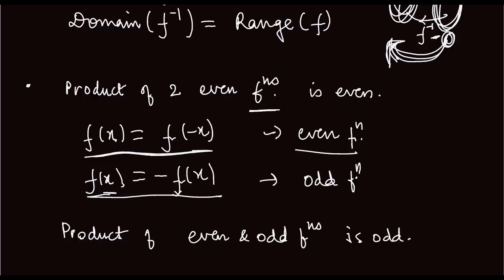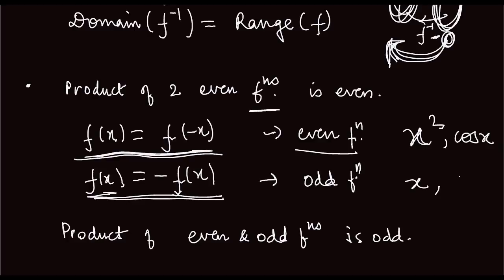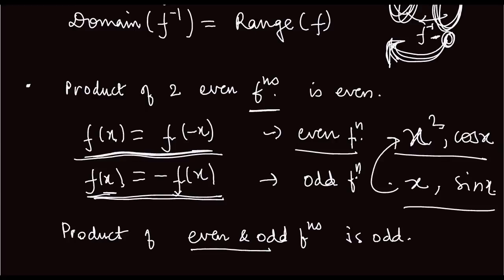Okay, examples. For an even function, f of x is f of minus x, you can always think of x square, or in trigonometric terms cos x. For f of x is minus f of x, you can take x, and in trigonometric terms sin x, tan x, anything. If it is a product of even and odd, x and x square will be x cube, which is also odd.